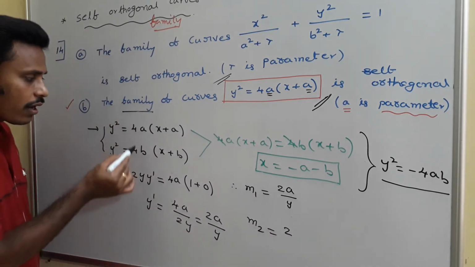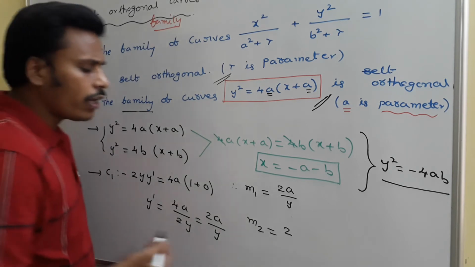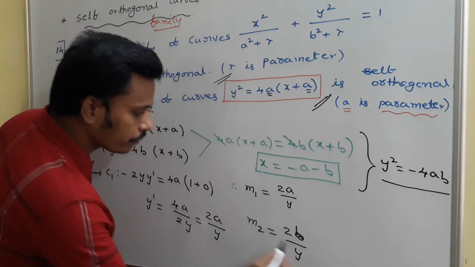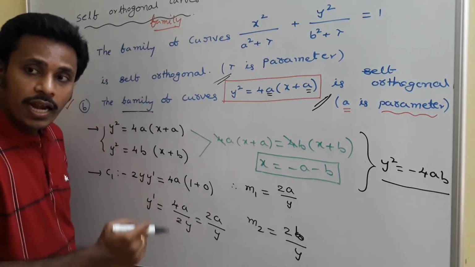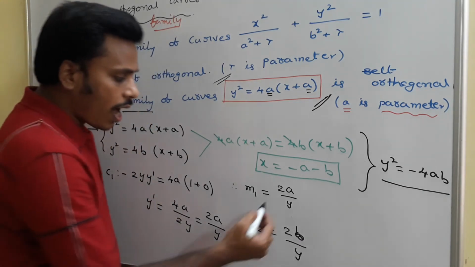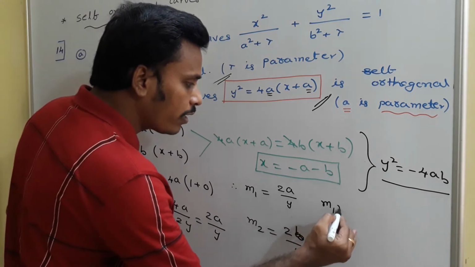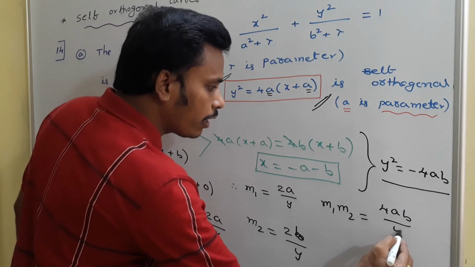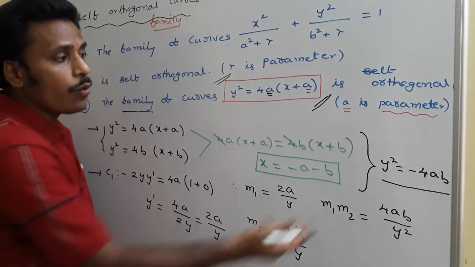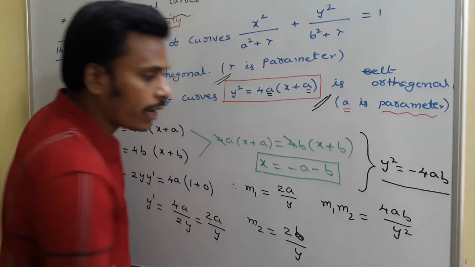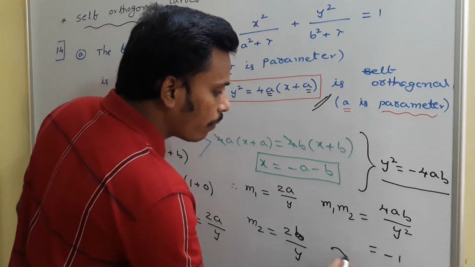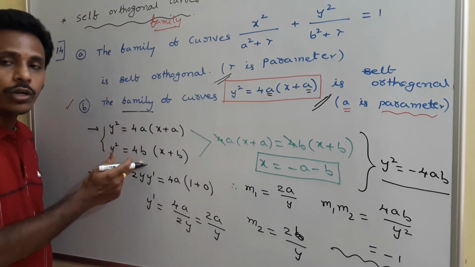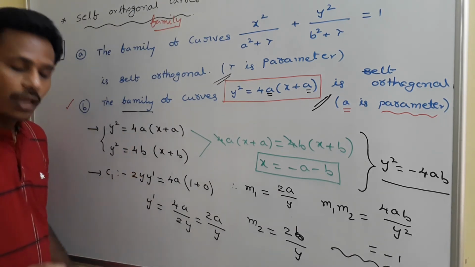Since the curve equations are similar, in the same way if you calculate, you will get 2b by y. So m1 is 2a by y and m2 is 2b by y. And what about the product m1 into m2? If you multiply, the product is 4ab by y square. Already we have y square as minus 4ab, and so m1 m2 is minus 1. Since m1 m2 is minus 1, these two curves are orthogonal.